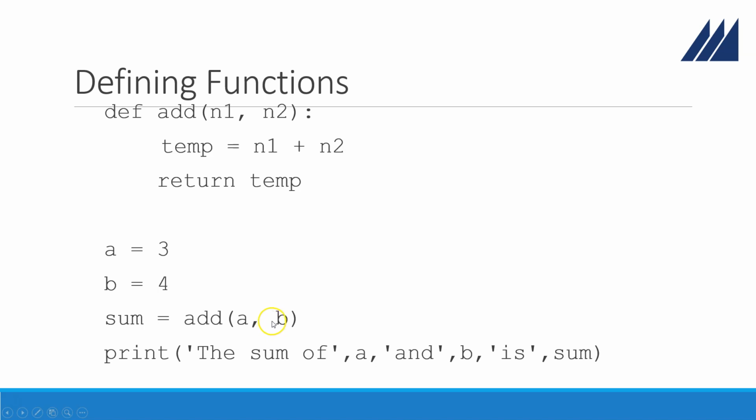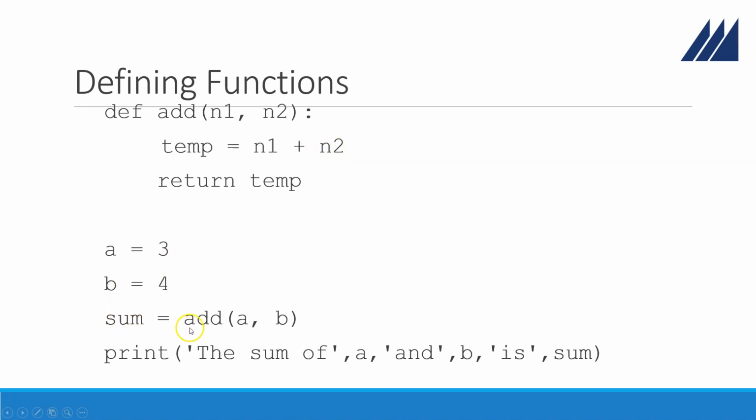Well, a and b are going to be mapped to n1 and n2. So no matter what you name these two variables inside the parentheses, the first one is going to be treated as n1 in the function. The second value is going to be treated as n2 in the function. Okay, so think about it this way.